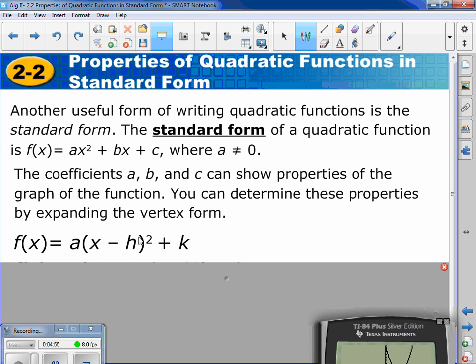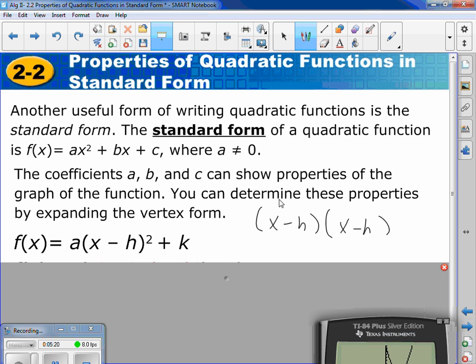If we had vertex form, a times quantity of x minus h squared plus k. What does x minus h squared really mean? X minus h times x minus h.